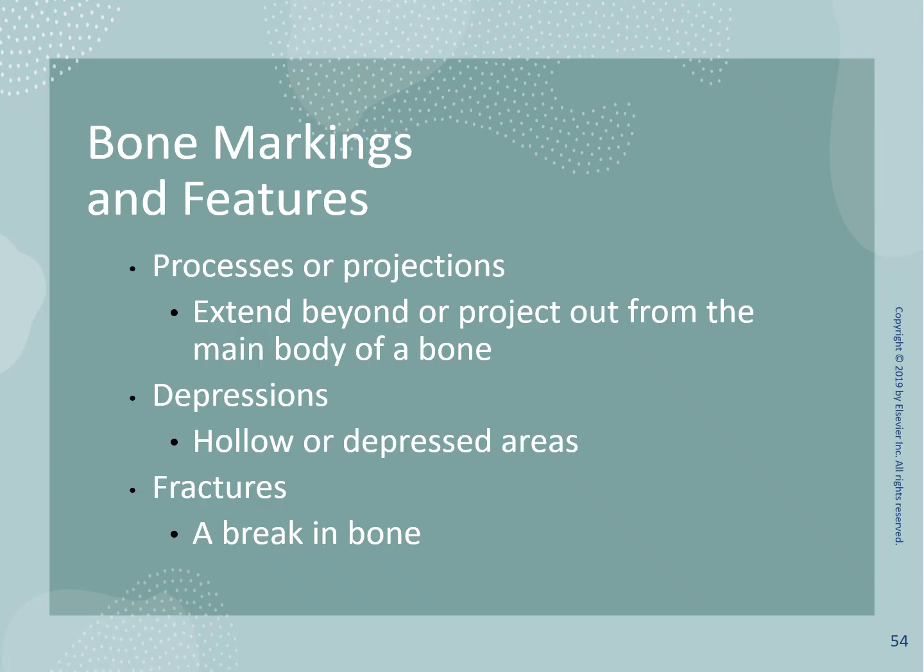Some of these processes and projections and little parts of the bones, the little sticking out parts, are areas that break very often too. And so it's important we learn the parts too so we can identify areas of fracture. Not that we're diagnosing for the patient, but maybe if we're writing an assessment for the radiologist.